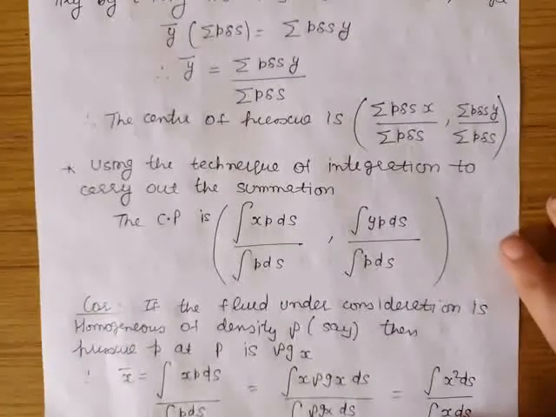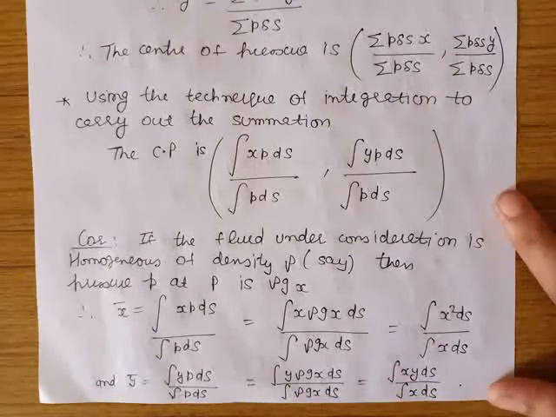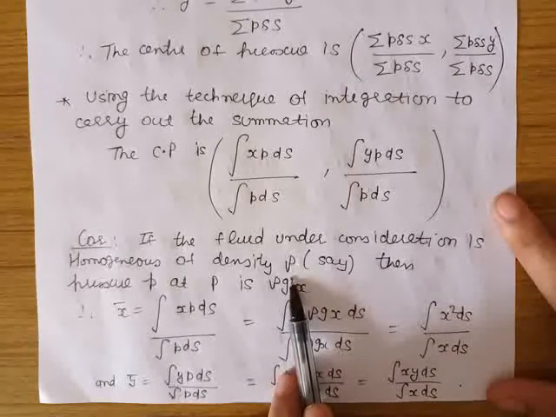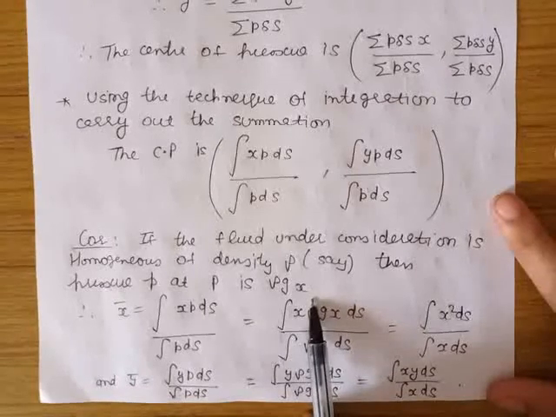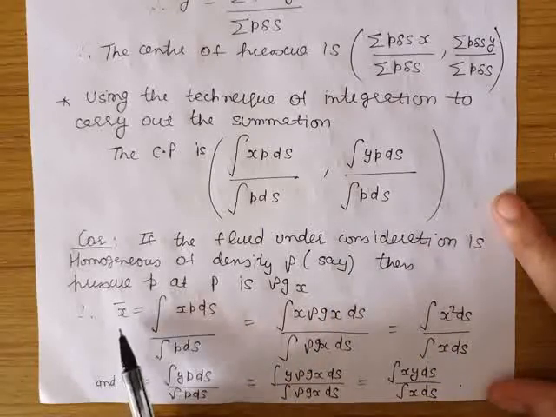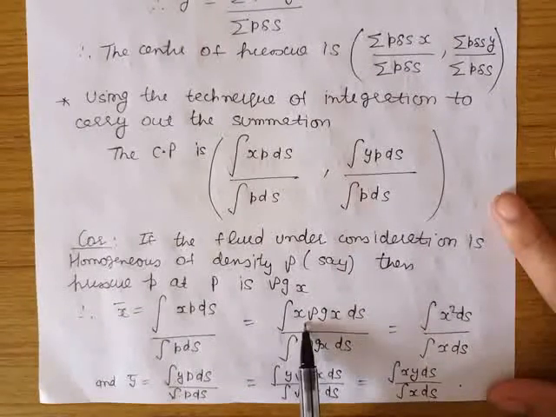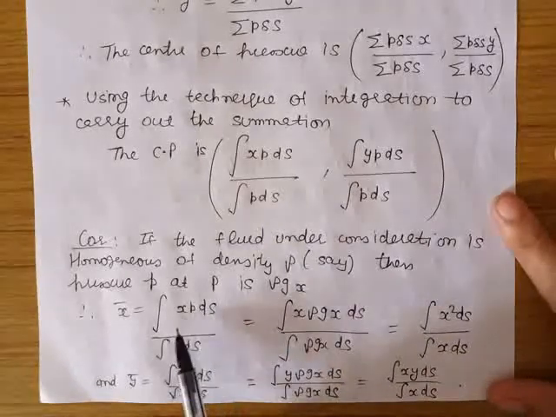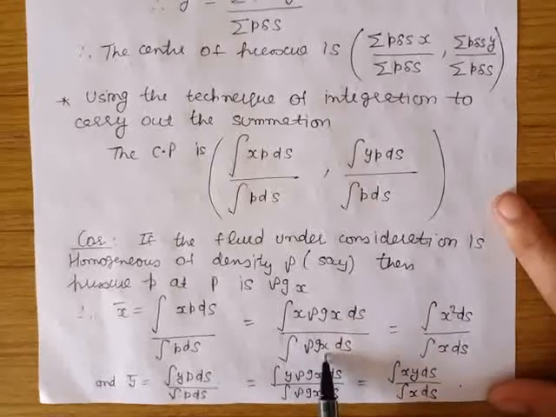In particular, if the fluid under consideration is a homogeneous fluid having the density rho, in that case the pressure at the point P is given by rho into g into x. So if we put the value of pressure here, the coordinates of center of pressure are given by integral x into the value of pressure, rho g x, putting the value of pressure in numerator as well as denominator. The term rho g is constant, so that will be cancelled out.